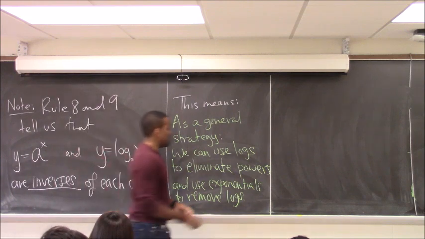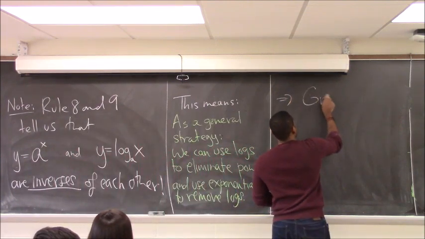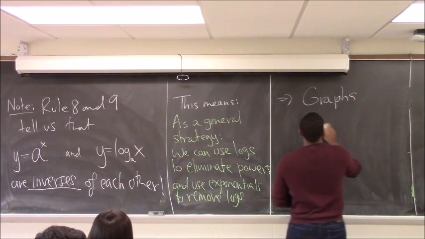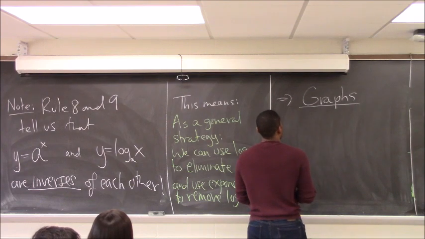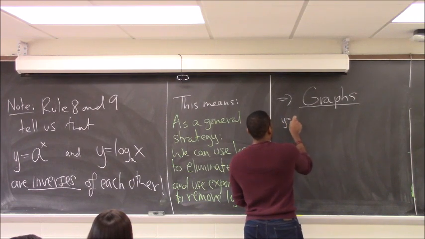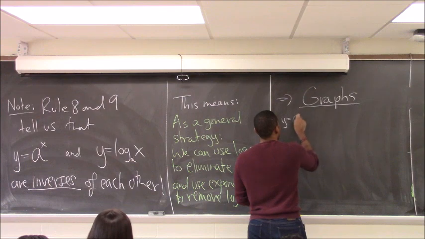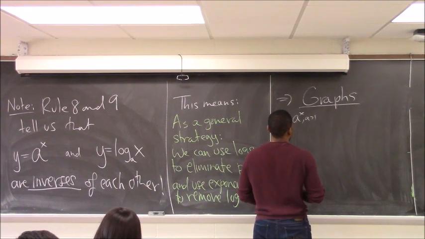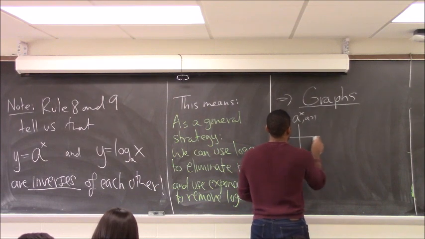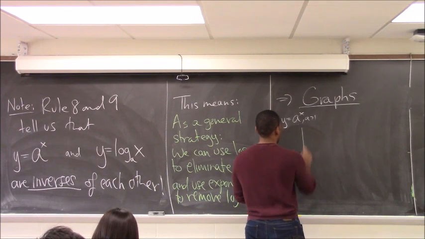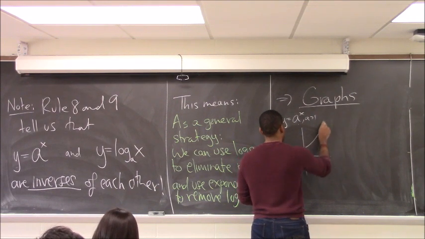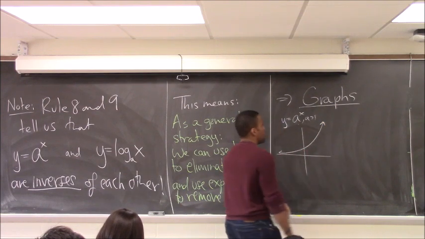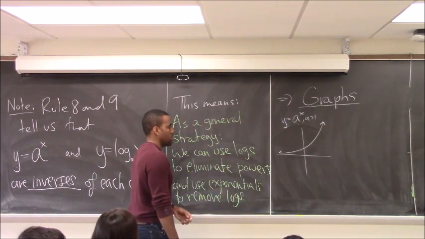This also tells us about the graph of a logarithm. So you remember that the graph of an exponential, say a to the x, let's assume your a is greater than 1, we know what that looks like. Looks like this, I recall. What do you think that means for the graph of a logarithm?